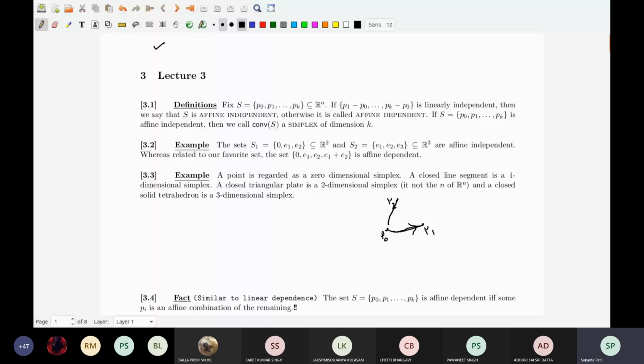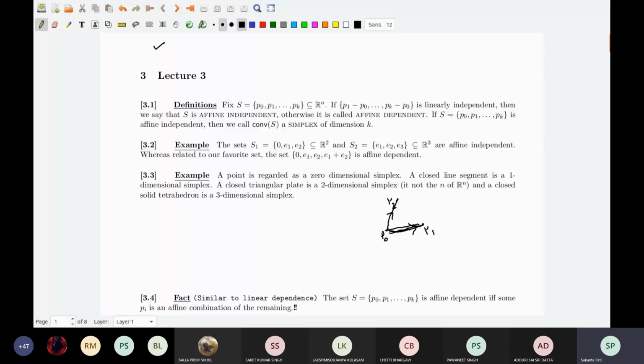And they will be linearly independent, because they are two different vectors. They are not on the same line. Excuse me, I am trying to draw a straight line, but it is okay.